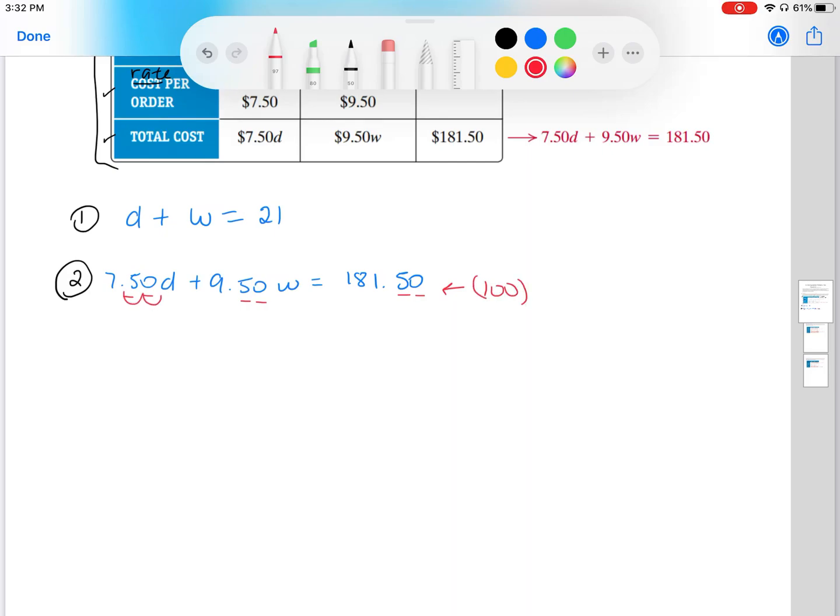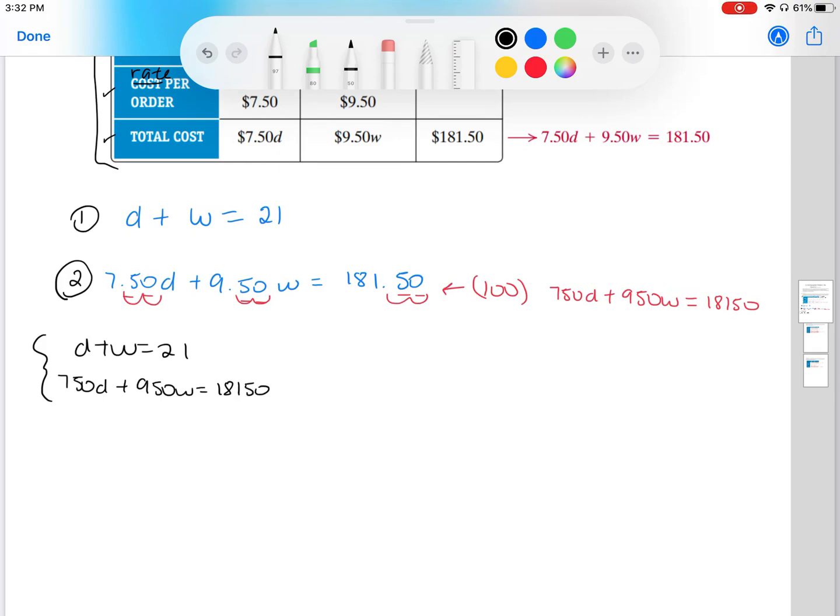We'll move our decimals to the right two places, so that we have 750D plus 950W equals 18150. Okay, let's go ahead and solve. So this is our system of equations. D plus W equals 21. 750D plus 950W equals 18150.